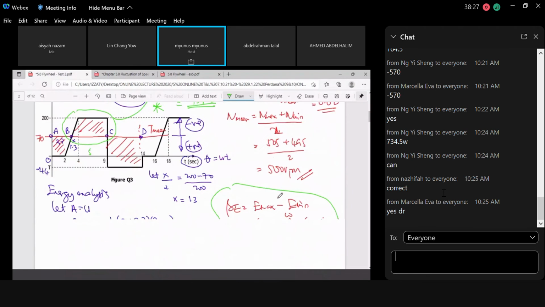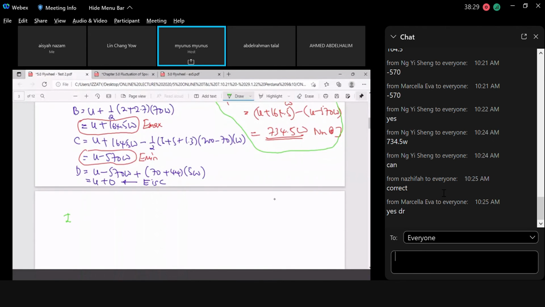So your I is equal to delta E, calculated as 734.5, not to forget the omega, divided by alpha 0.02, the next one is 2 pi, multiplied by 500 divided by 60, and this one you have omega to the power 2, right? So we can cancel this one, this one, and this one. Correct? So could anyone tell me what you have here?